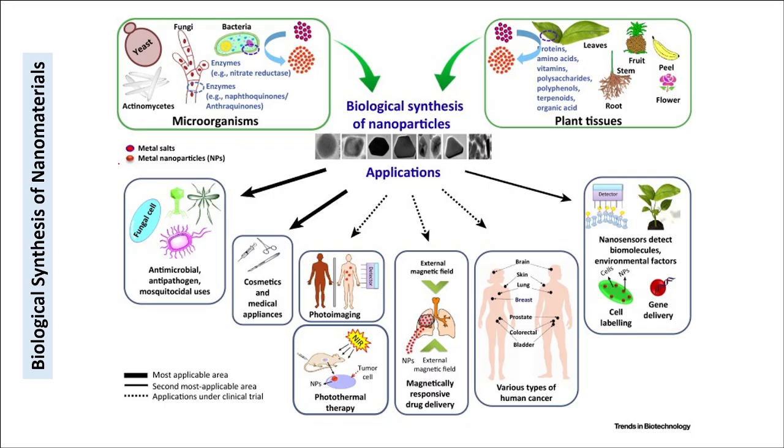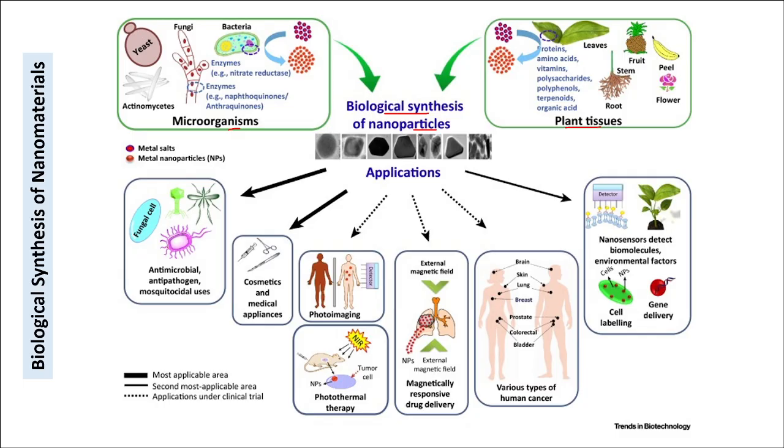Briefly, we have already seen what this means. There is involvement of microorganisms like yeast, fungi, sometimes yeast extract, and bacteria for the biological synthesis of nanoparticles. In addition to microorganisms, extracts of different plant tissues like leaf, stem, root, fruit peel, and flower are used for synthesis of nanoparticles.